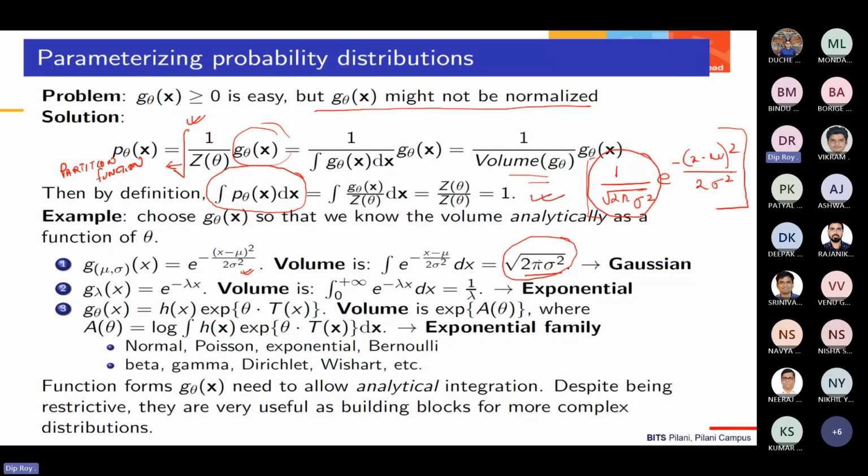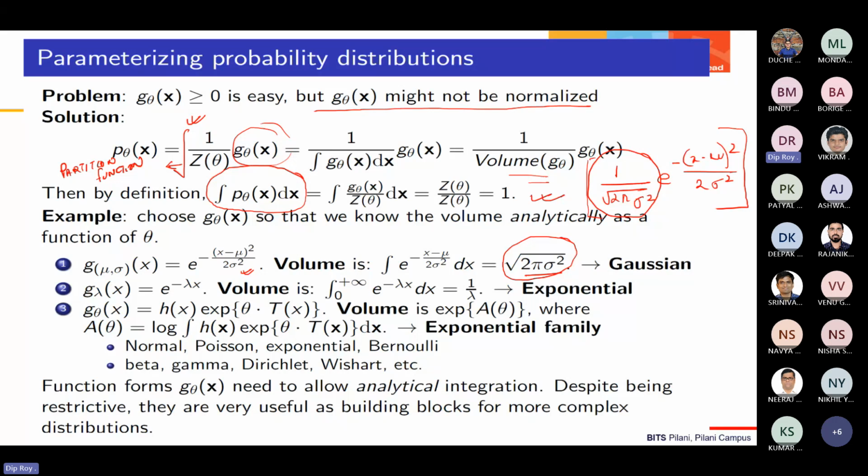Okay. So now, if someone gives you a multivariate Gaussian and you see the closed form Gaussian formula, you will know where this weird looking constant is coming from.